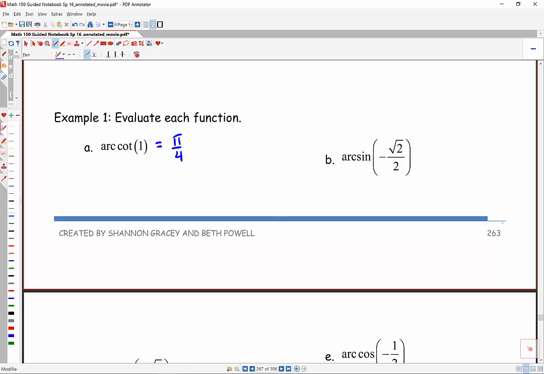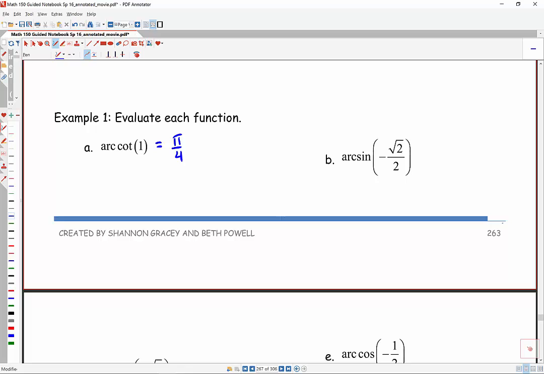Now for part B, arc sine at negative root 2 over 2. We've got to think of, at what angle does the sine function have an output of negative root 2 over 2? Well, two times on the unit circle, right? We have it at where and where?